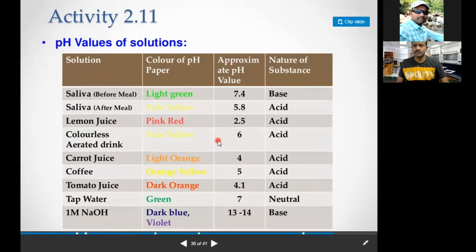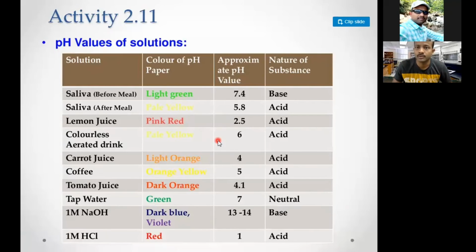In basic medium, violet to blue color. Remember all these things. pH paper is the universal indicator.